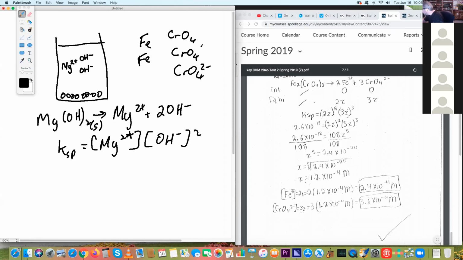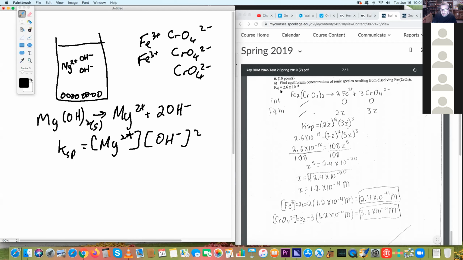Now that has a -2 charge, which means the ions would have to have a +3 charge. So you can see we get 2 Fe3 pluses for every 3 chromates, or CrO4 2 minuses that are there. You can see how the math goes then.